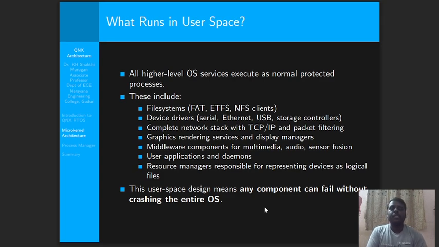What will run in the user space is all high-level OS services, which execute as normal protected processes. That includes file systems, device drivers, the complete network stack, graphics rendering services, middleware components, user applications, and daemons, including the resource manager responsible for representing devices as logical files.